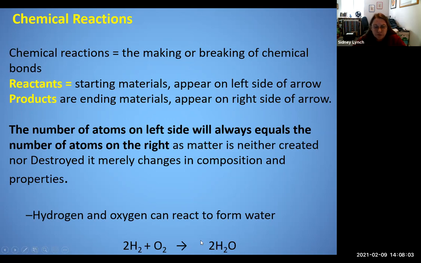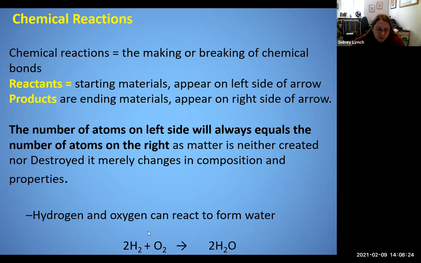The arrow indicates which direction it goes. The reaction can actually go in both directions. If I drew the arrow in the other direction, then water would be the reactant and the hydrogen and oxygen atoms would be the products. It all depends on what side of the arrow they are on.